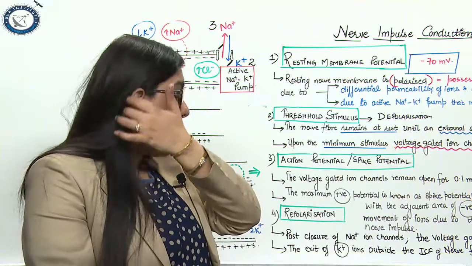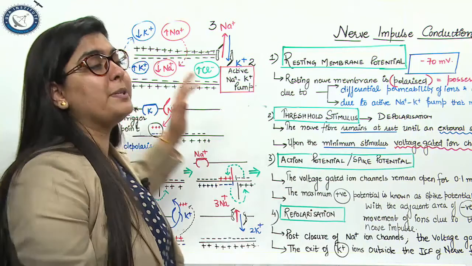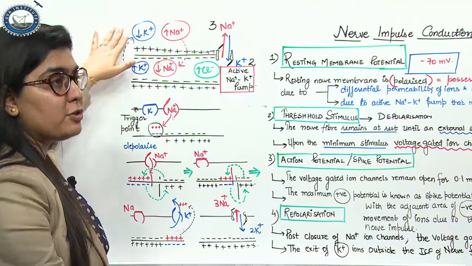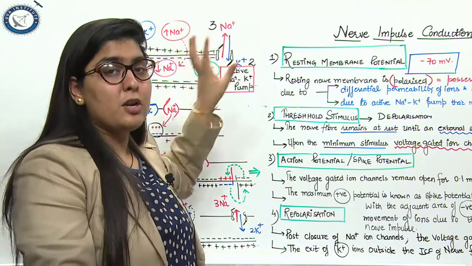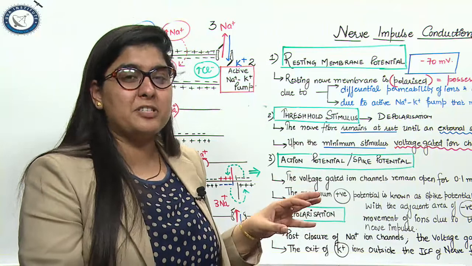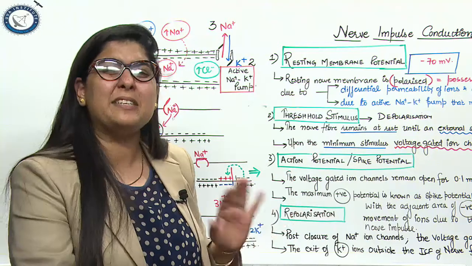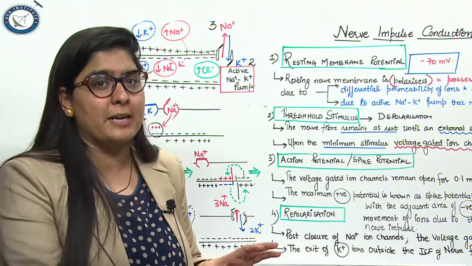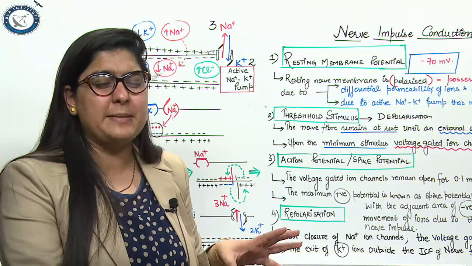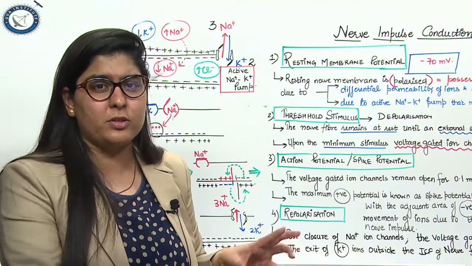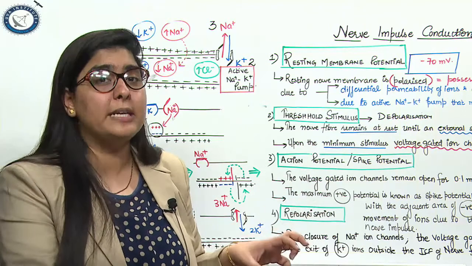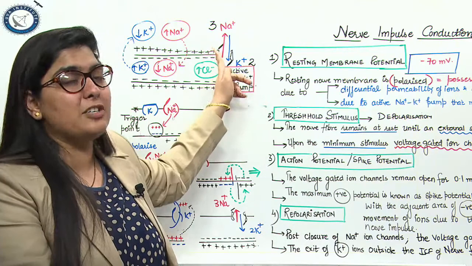Now, outside, relatively, potassium is low in amount and sodium is more in amount. Chloride we do not talk about in the extracellular fluid because chloride is relatively immobile. It doesn't move much, so the concentration outside is very incipient and we do not comment about it. So it's a high concentration inside only, producing a negative charge inside.